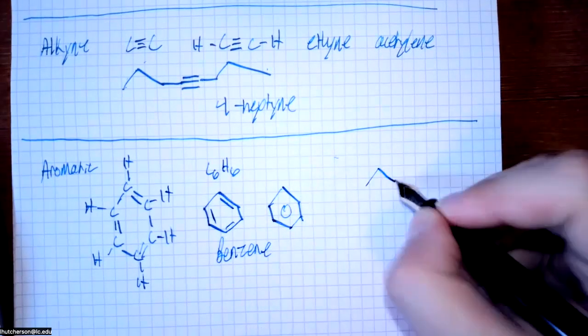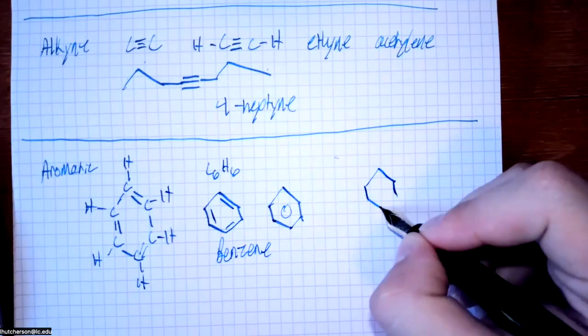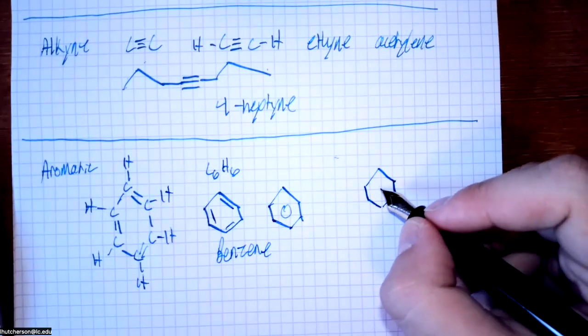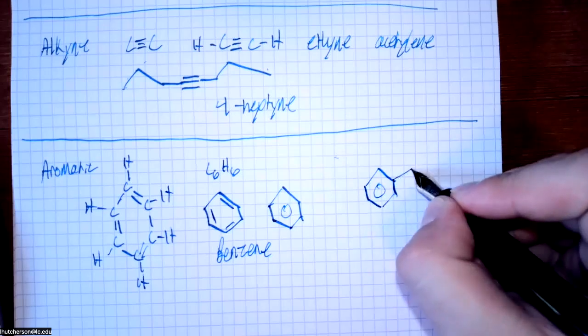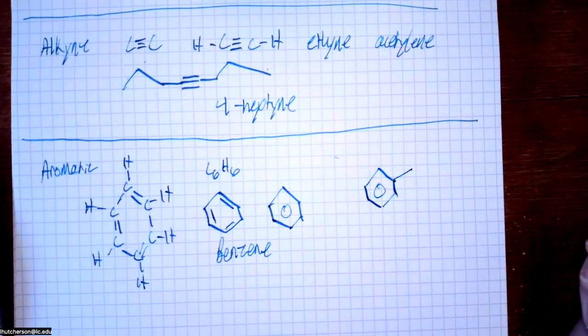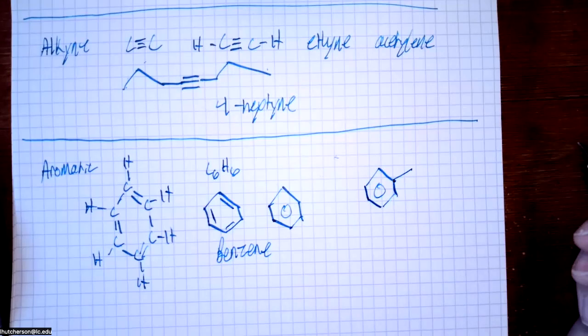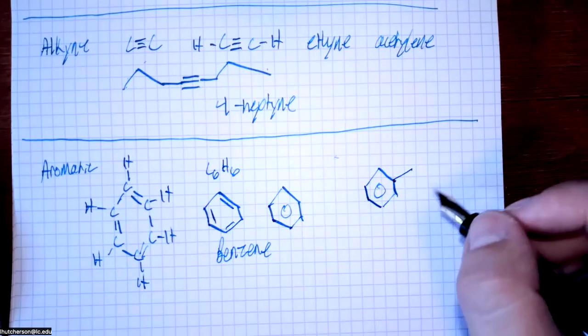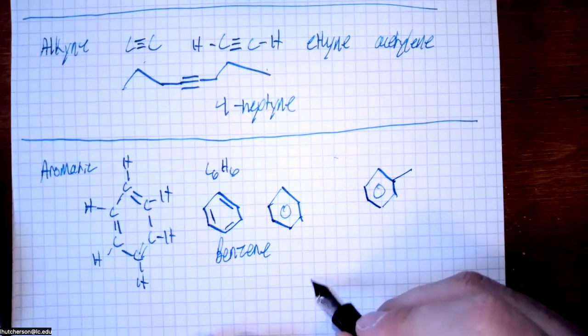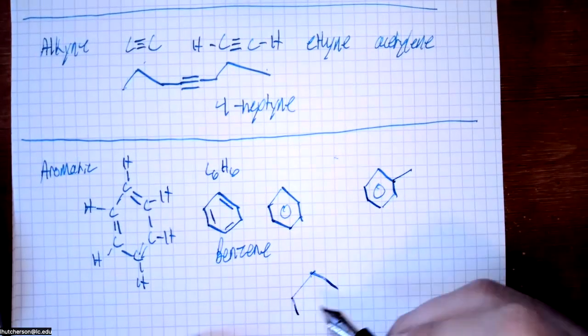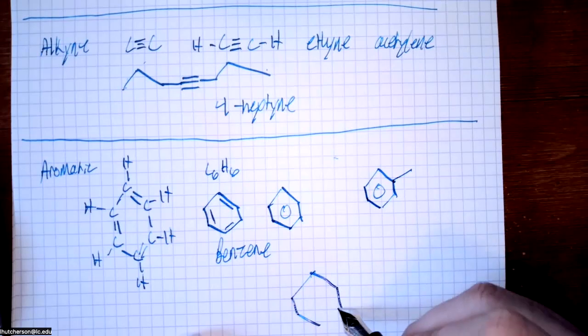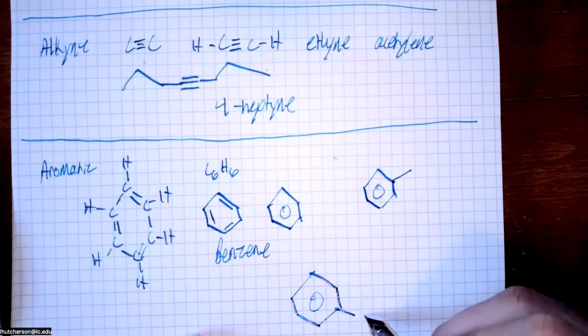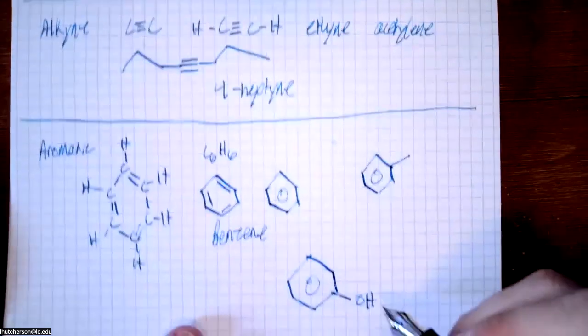But in any case, now we can have substituted benzenes. We could have something like this. This is a compound called toluene. We're not going to worry about how to name these though. But there is one specific functional group that we are going to worry about in the context of this. This is benzene with an OH hanging off of it.